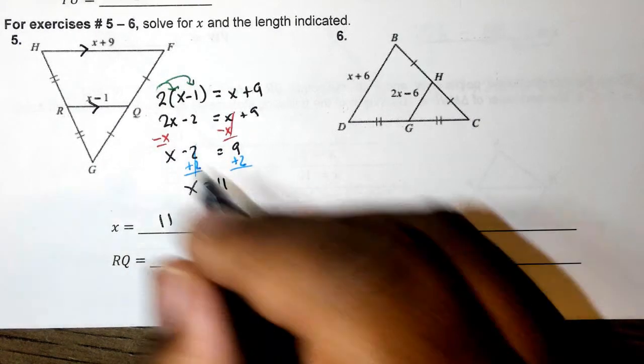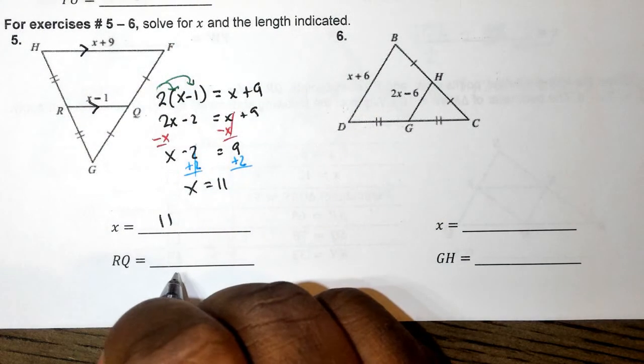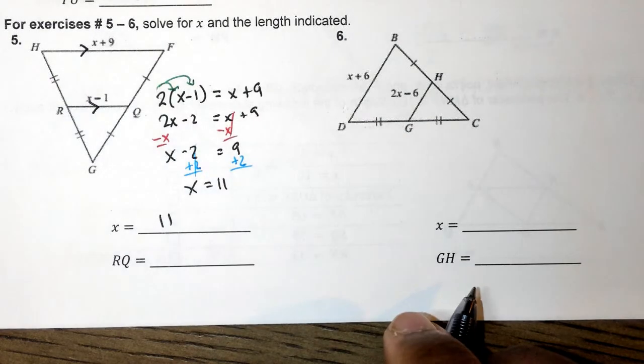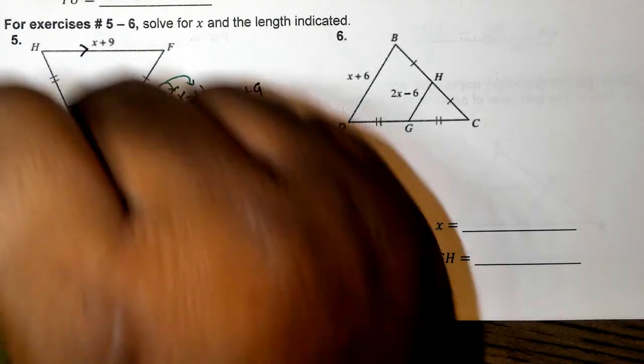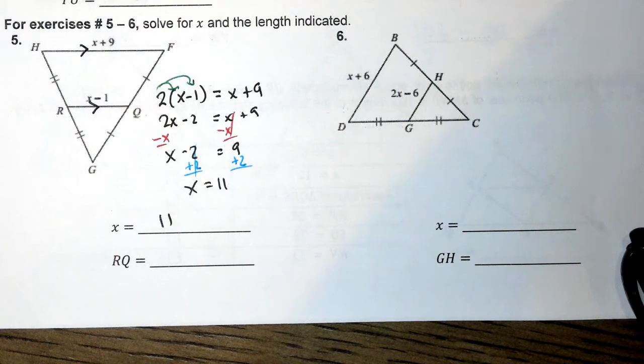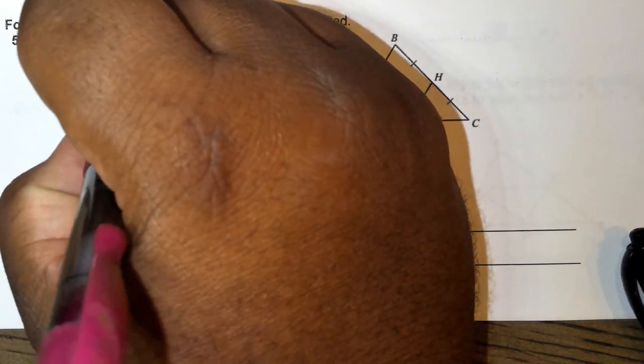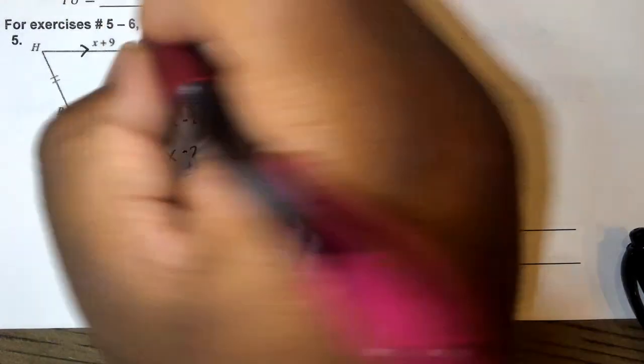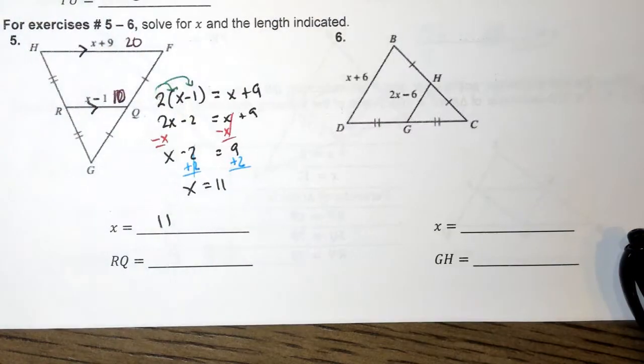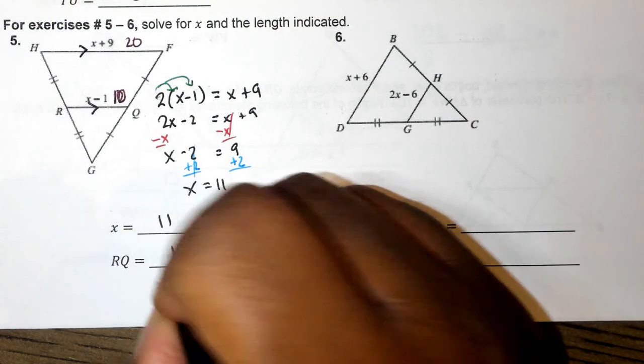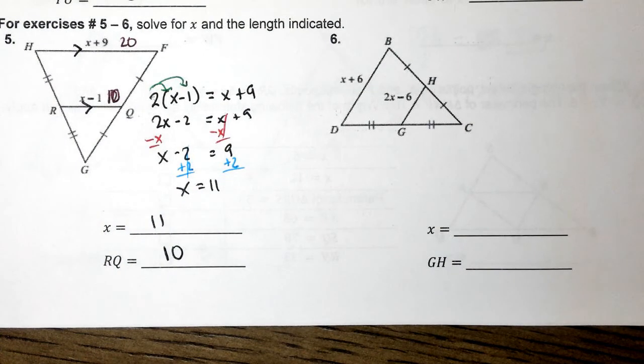Then from there, plugging in, they want RQ, which is the midpoint. So if I plug into that one, 11 minus 1 is 10. And just to check to make sure you're good, you can do it up here: 11 plus 9 is 20. But they want RQ, which is 10. Easy work. Handle the rest on your own.